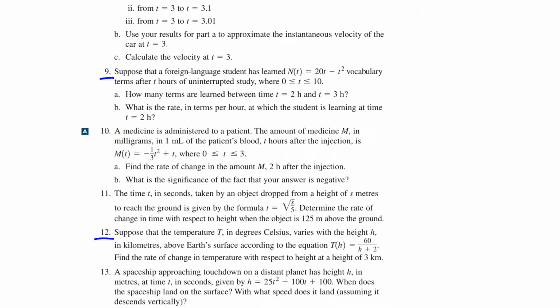Question 9. A foreign language student has learned N(t) equals 20t minus t squared vocabulary terms after t hours of uninterrupted study when t is between 0 and 10. How many terms are learned between t equals 2 and t equals 3?